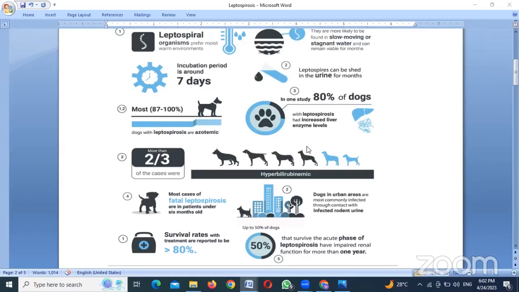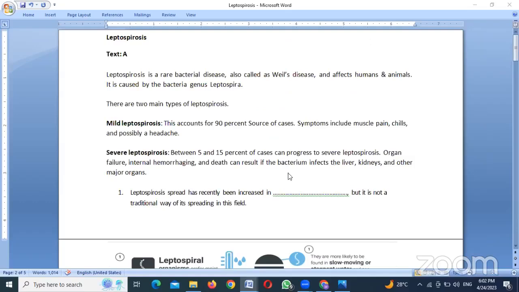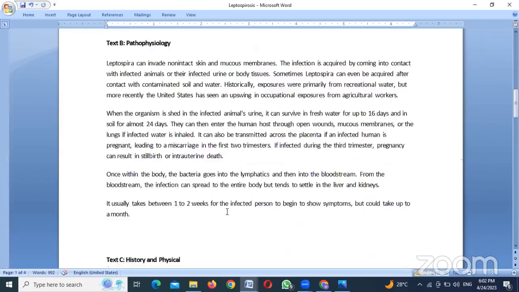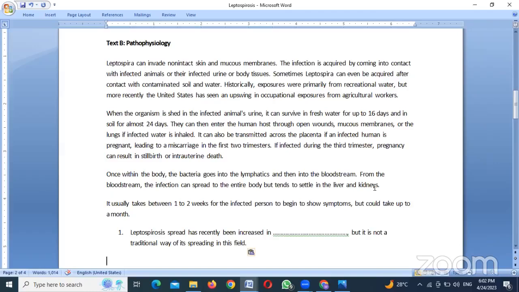Use the same word that is there. So where should we go, Dr. Saad? In which text should we go? D is not possible. No, sir, not in D. Let us go to B, okay? Try to find the answer here, please.